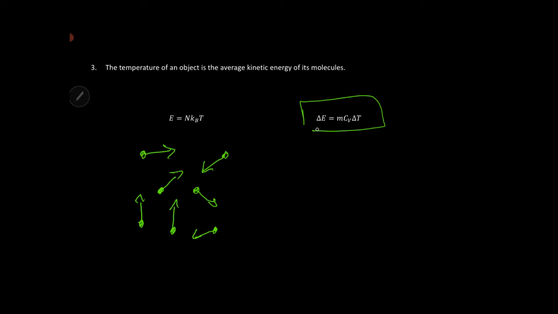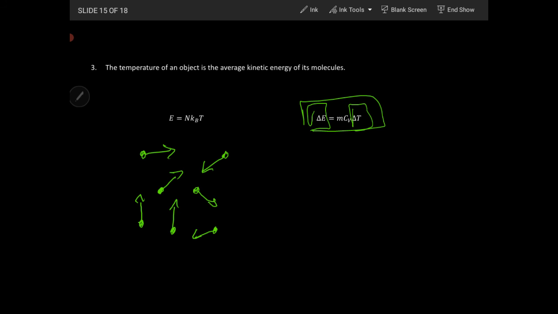The other thing we have to worry about is the change in the energy. So if we have our initial assortment of atoms flying around with all their different velocities, if we want to heat that up, if we want to increase the internal energy, or we want to increase that temperature, we have to increase the speed of these things.